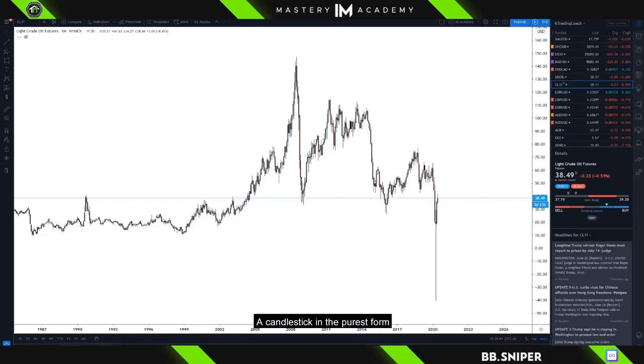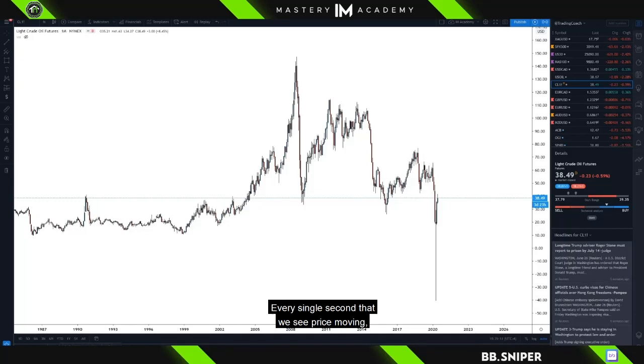A candlestick, in the purest form, no matter the time frame, no matter the chart, is simply a visual representation of orders that have already been filled in the past.